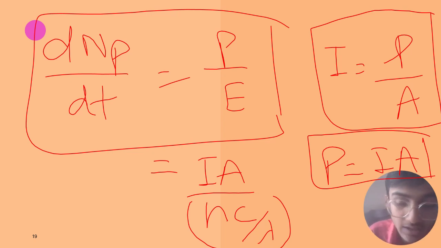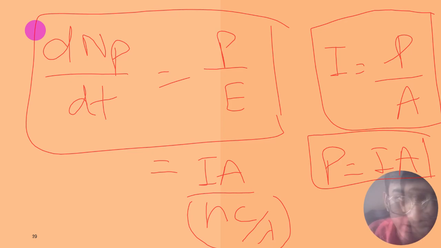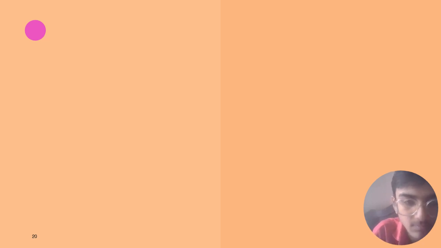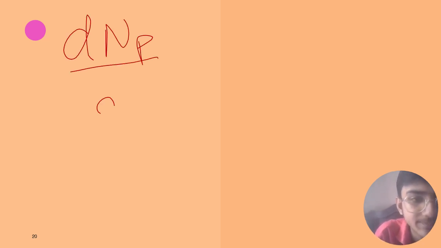Now, in our previous session, we said that this intensity is directly proportional to the number of photons. How? We will see it here through the formula as well. So let's arrange this particular formula. dNp by dt is what?